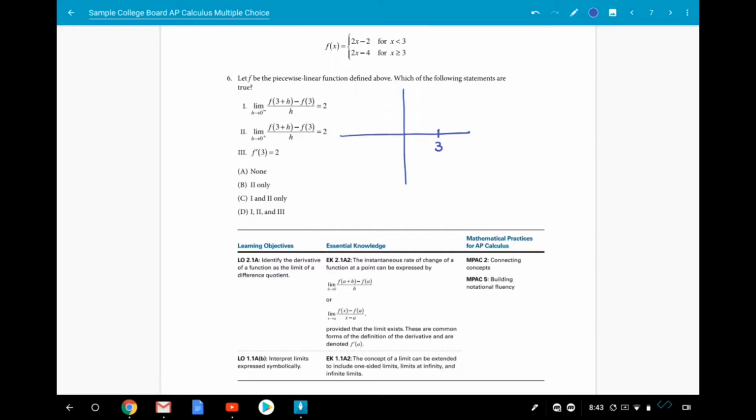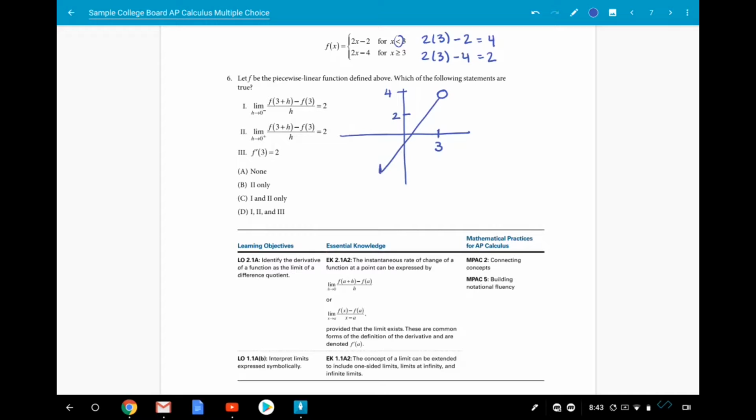So what I'm going to do is evaluate what the functions are at 3. I get 2 times 3 minus 2, which is 4 here, and 2 times 3 minus 4, which is 2 here. So I'm going to have 2 and 4. Now to the left of 3, the value is 4, and it's going to be an open circle, and the slope is 2.